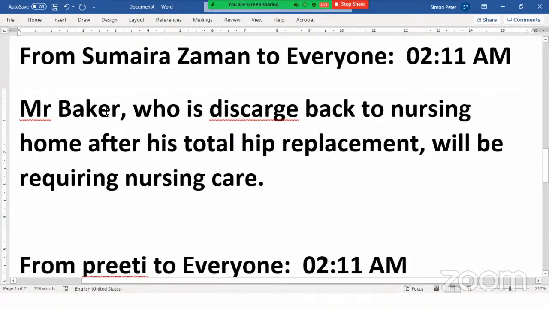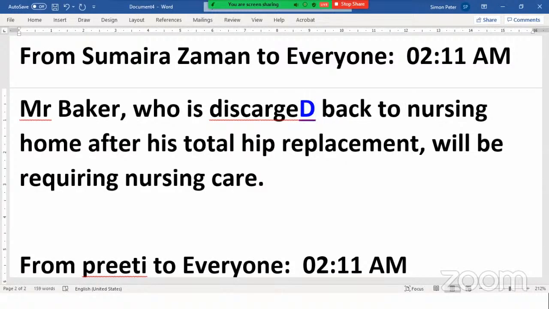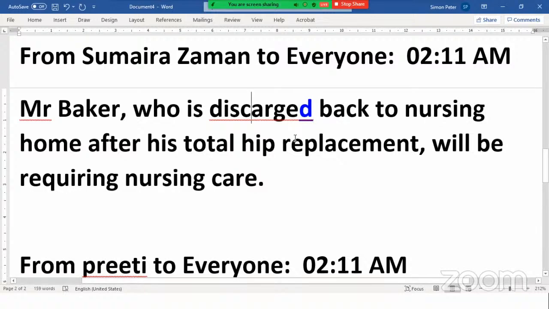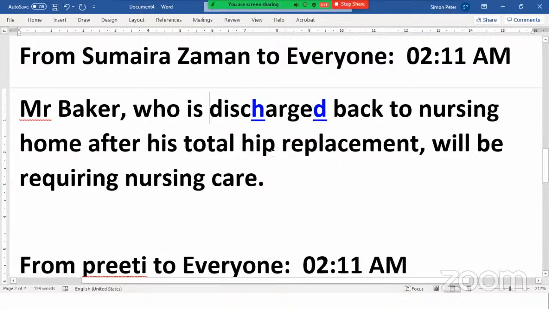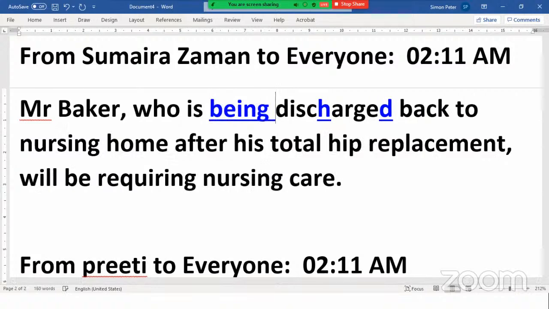Mr. Baker is discharged. Mr. Baker, who is being discharged. Passive voice, D is a must.